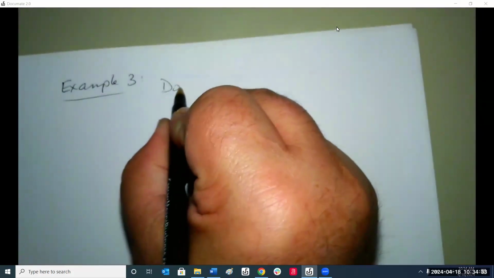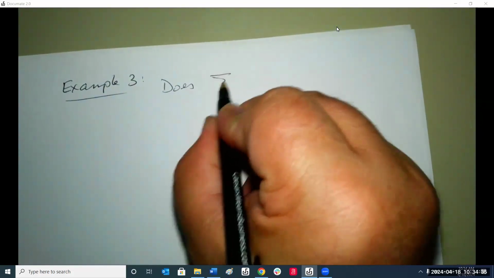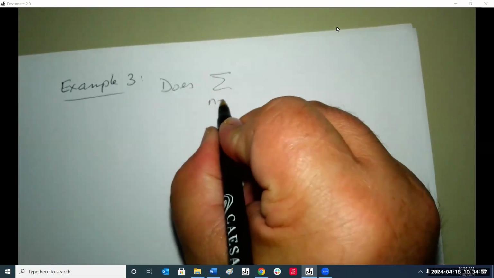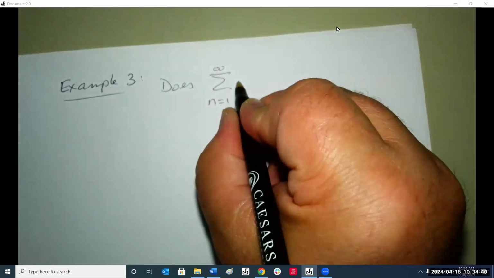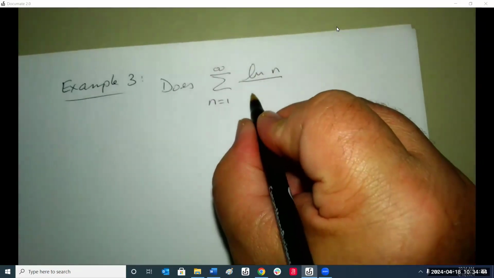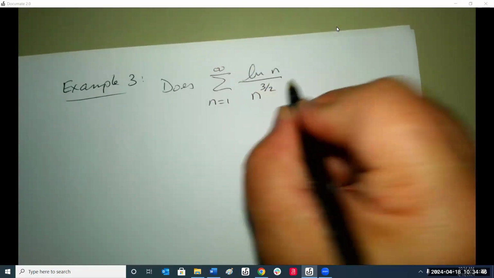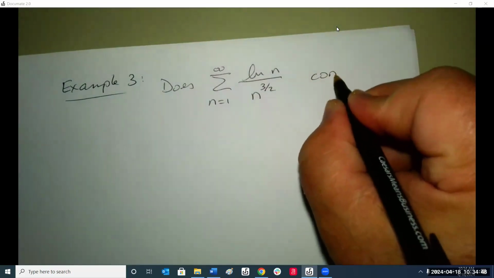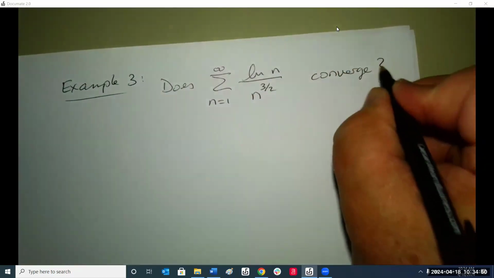Example 3. Does the summation as n equals 1 to infinity of ln n to the power 3 halves converge?